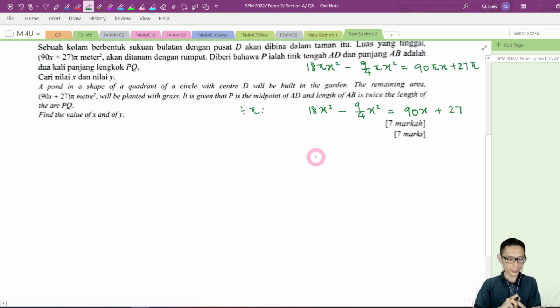Now 18x squared minus 9 over 4 x squared, you just use the calculator to help with the calculation for this part. 18 minus 9 over 4, you will get 63 over 4 x squared. This one, bring it to the other side, it becomes minus 90x, and minus 27 is equal to 0. So I'm going to multiply the whole equation by 4.